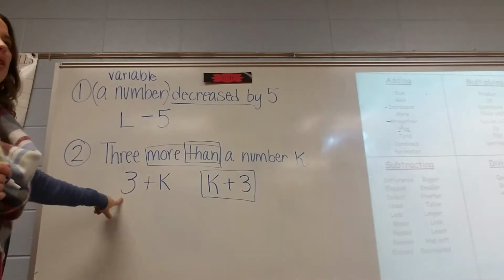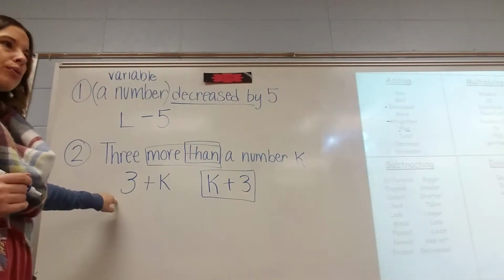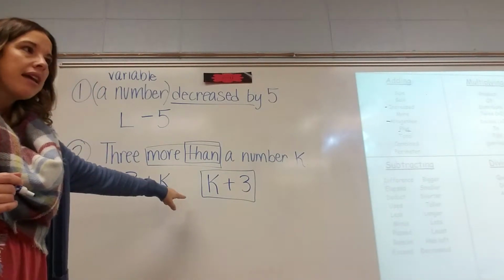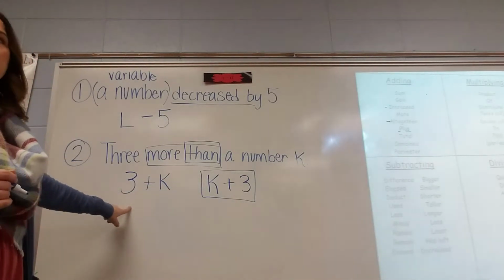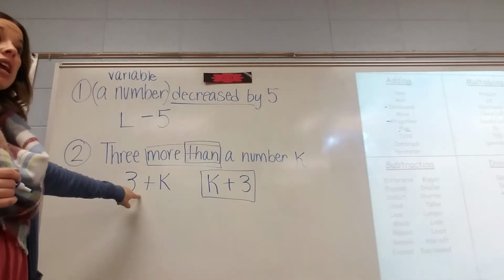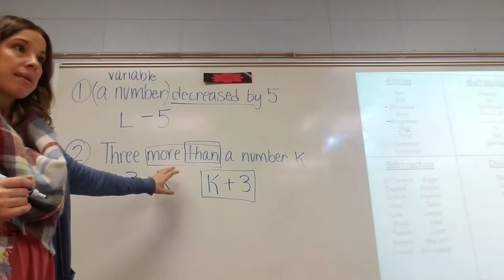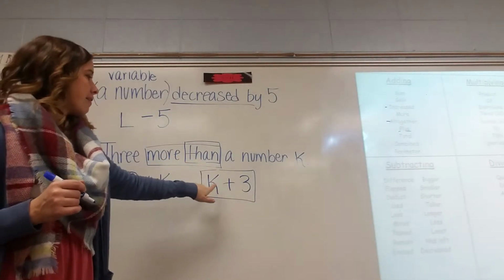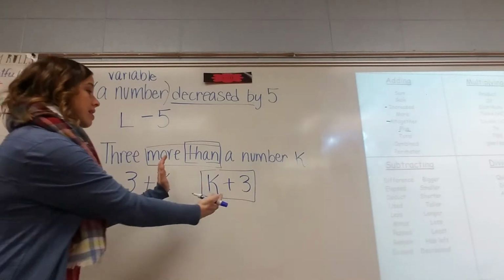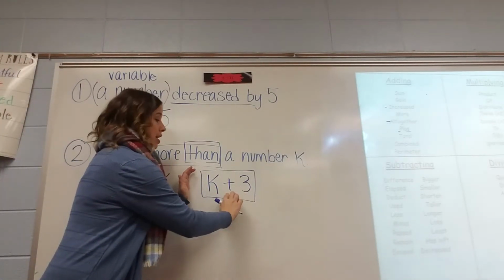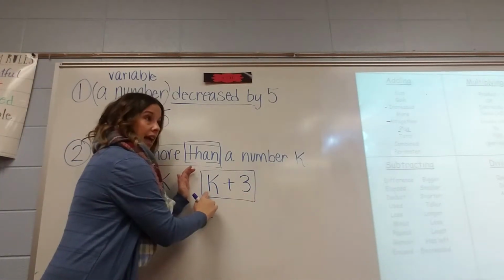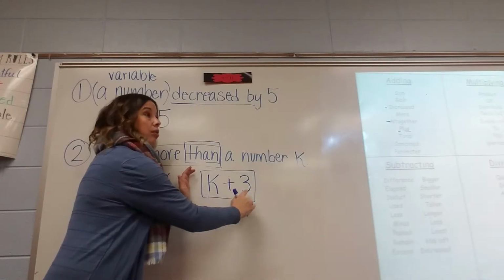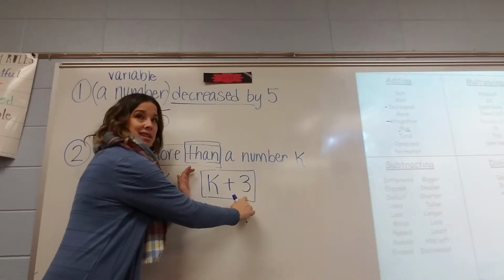Well, if I did 3 plus k, is this showing me 3 more than k? No, this one is showing me k more than 3, because I start with 3 and increase it by k. It has the word than, so you've got to flip-flop it. K plus 3. This one says 3 more than k. I start with k and I go 3 more. Does that make sense?